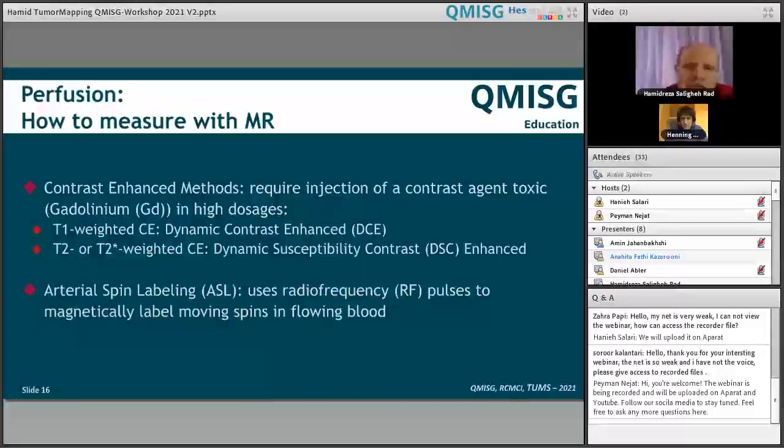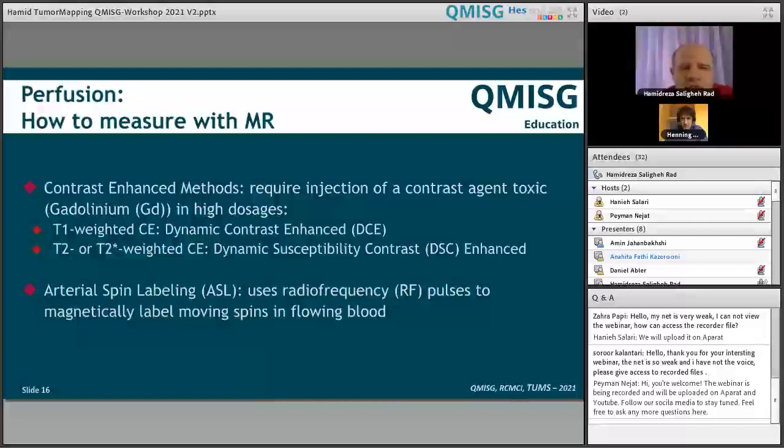We are able to quantify and estimate cerebral blood flow, cerebral blood volume, and also permeability, basically what is permeable from the vessel capillary and vessel wall.